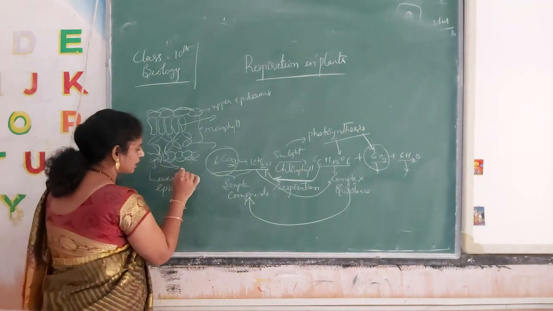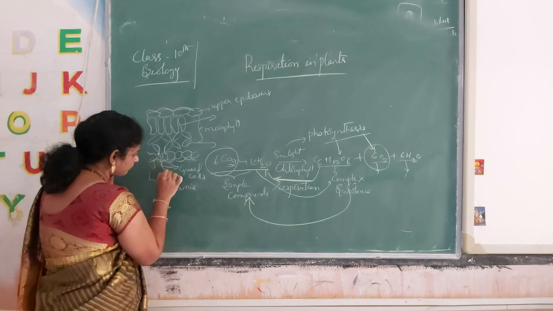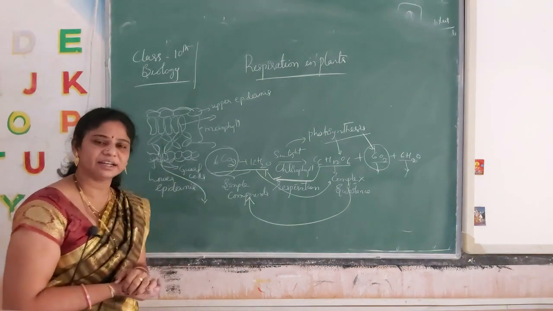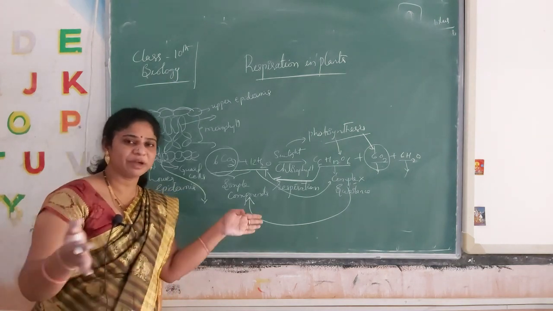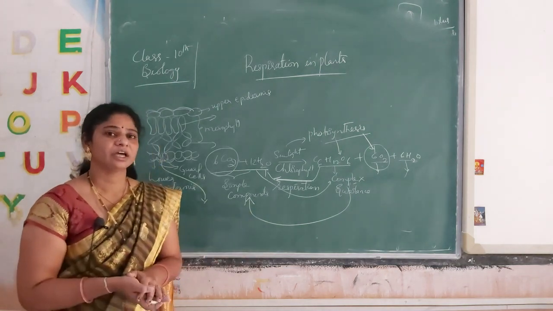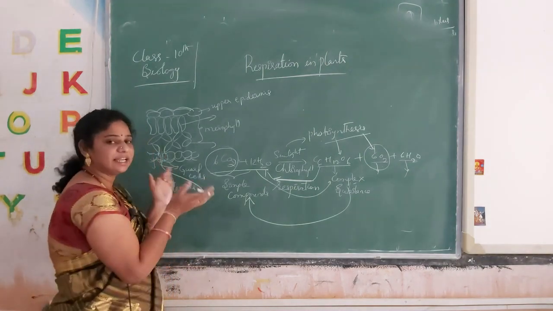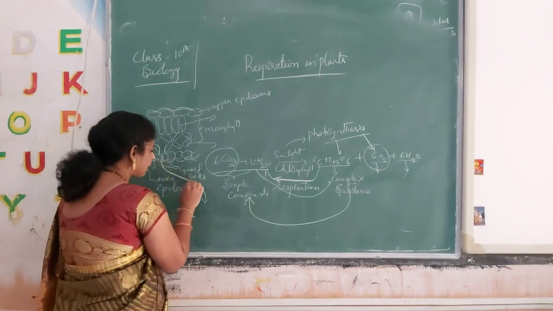These two are called guard cells. The opening, the gap present, is just like the gate we have at home, which opens when people come and closes. In the same way, the guard cells act as a gate, and these guard cells open and the gas comes out.